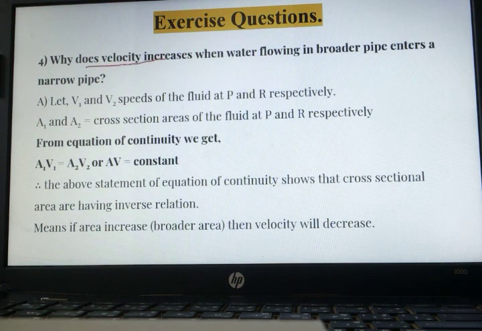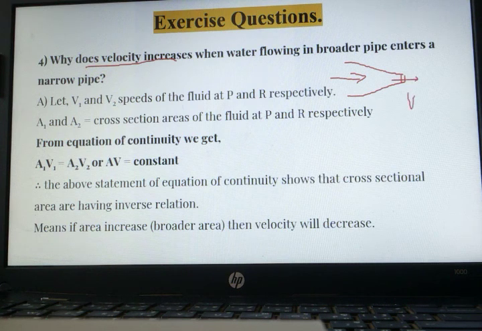Why does velocity increase when water flows from a broader pipe into a narrow pipe? Take for example, one pipe is like this. As the water moves from a broader pipe to a narrow pipe, what will happen?